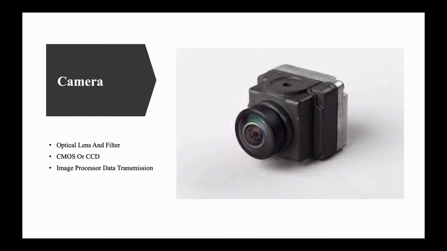The optical signal is converted to an electrical signal through a CMOS or CCD integrated circuit, and then converted into a standard digital image signal through the image processor, and then transmitted to the computer through the data transmitter interface. Both cameras and lidar can be used for lane detection.